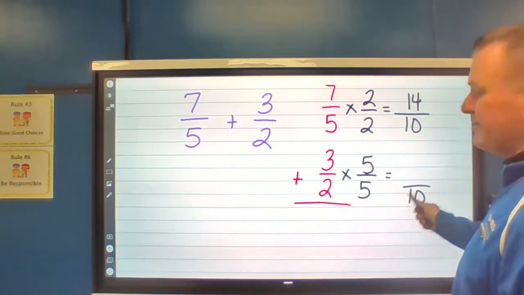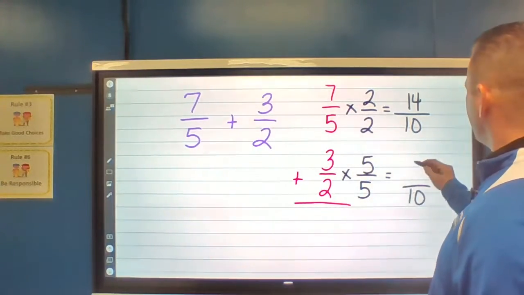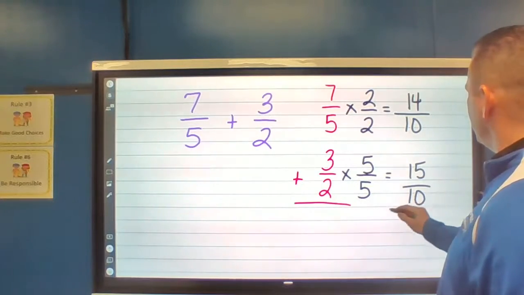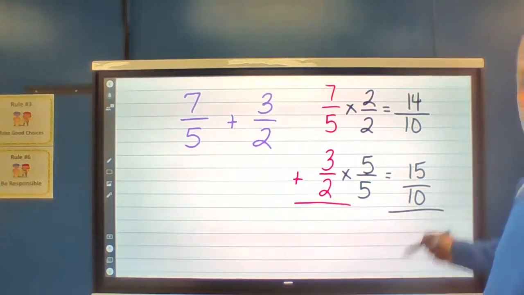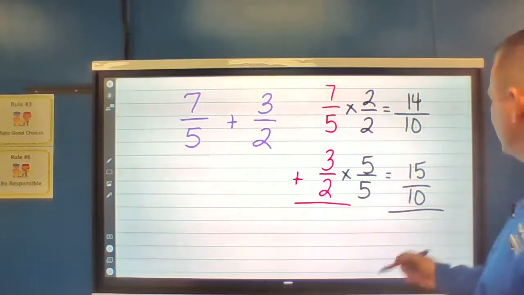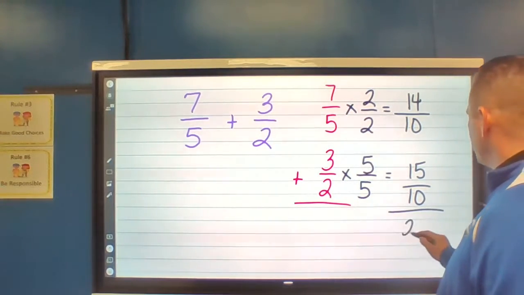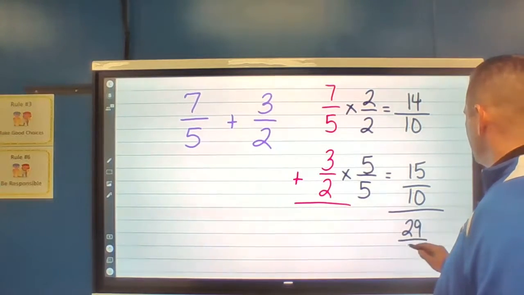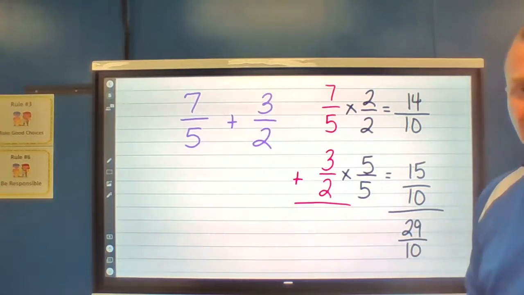Because 2 times 5 is 10, 3 times 5, 15. So 14 tenths plus 15 tenths would give me 29 tenths, and that would be my answer.